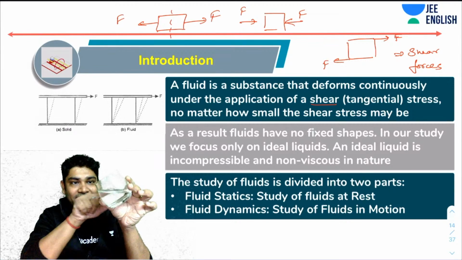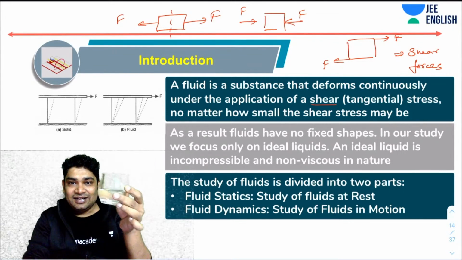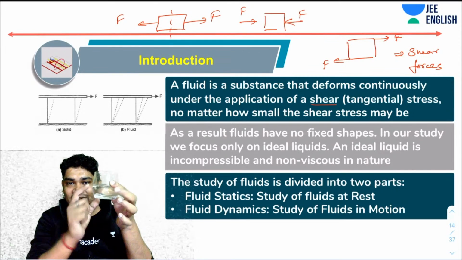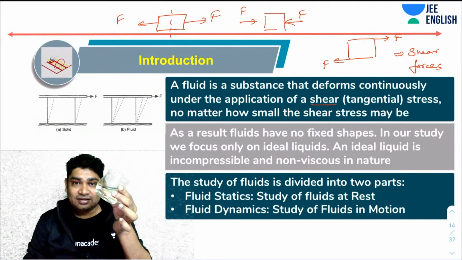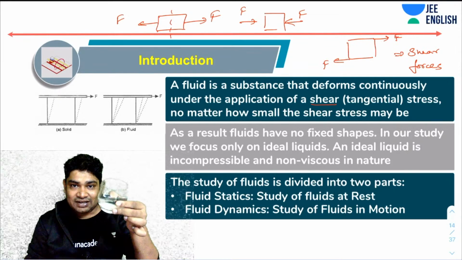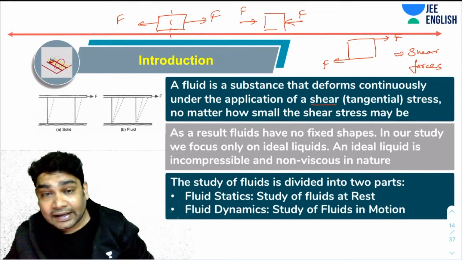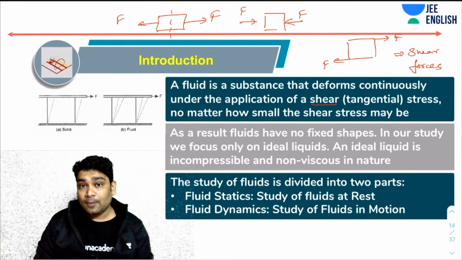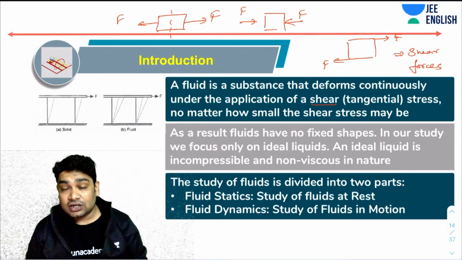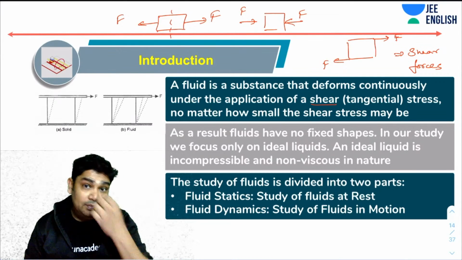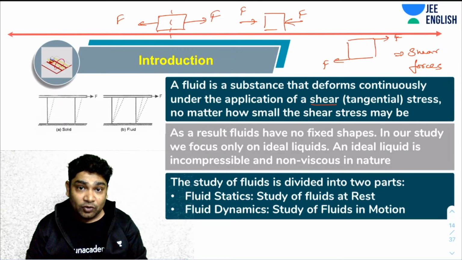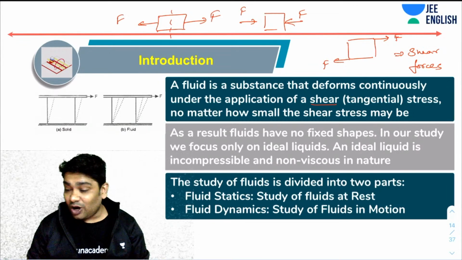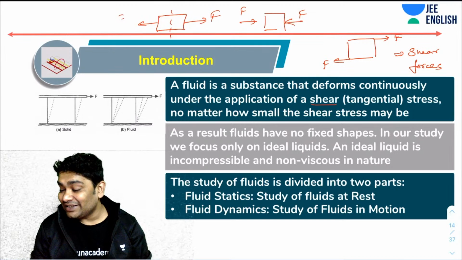The shape here is this part of the glass. The shape here is this part of the glass. The shape here is slightly different. The shape like this would be slightly different. So a liquid can never hold a perfect or fixed shape. Why? Because any amount of even negligible shearing stress or negligible force of deformation will cause it to change its shape.